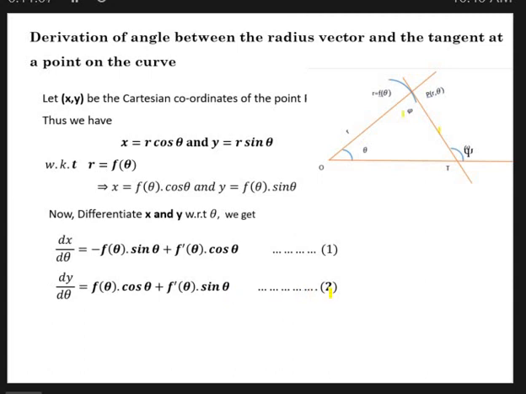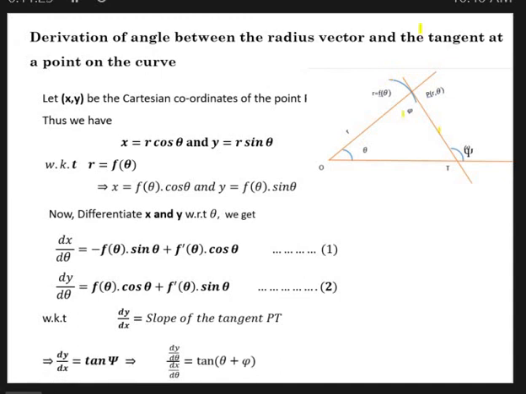Now we know that the slope dy by dx is the slope of the tangent PT. dy by dx is equal to the slope of the tangent PT, which is nothing but tan psi. The slope of this tangent is tan psi. So dy by dx is written as dy by d theta by dx by d theta, and tan psi.